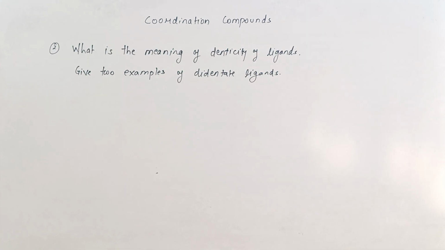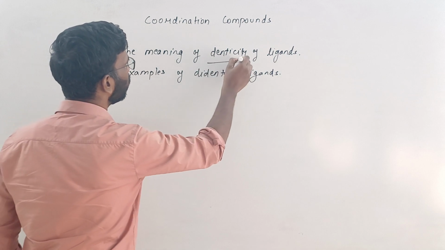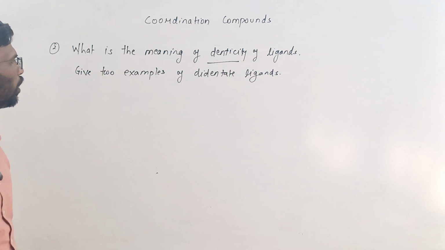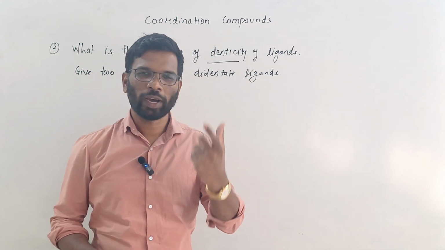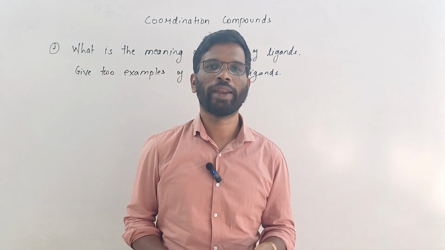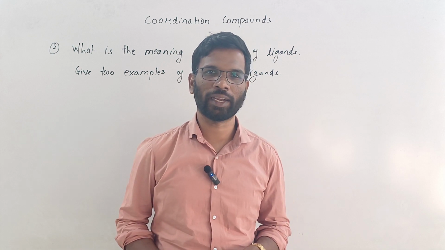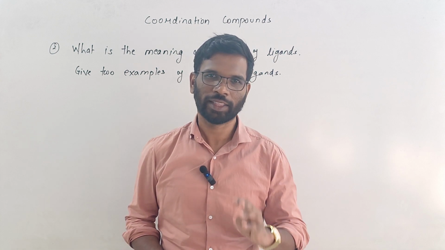Next question: what is the meaning of denticity of the ligands? Give two examples of didentate ligand. Denticity means by how many linking sites one ligand will coordinate to a particular metal atom. That is denticity.